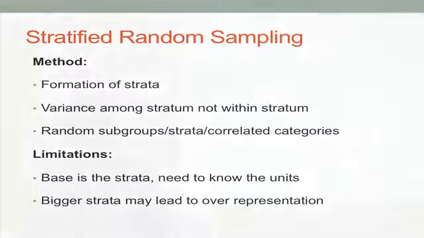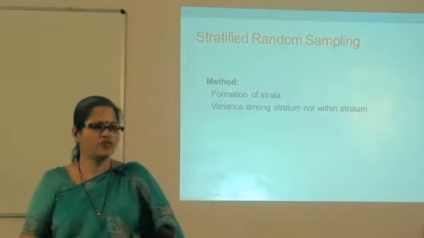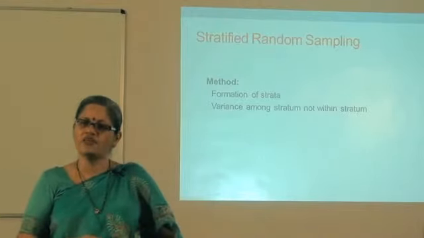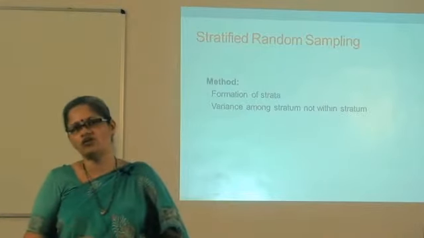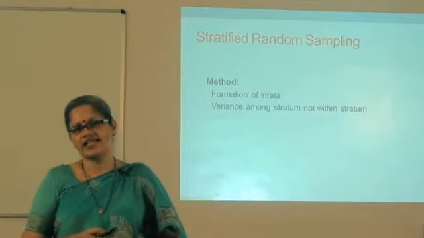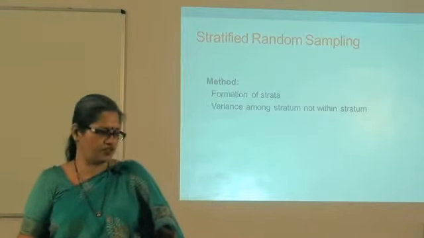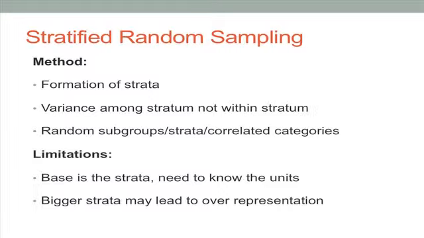So in different strata there will be variation, but within that stratum there will not be any variation, because if I am talking about people from low SES, then all of them will belong to low SES. But there will definitely be a difference between low SES and high SES individuals. Random subgroups or correlated categories. We can select the different samples randomly from these strata.